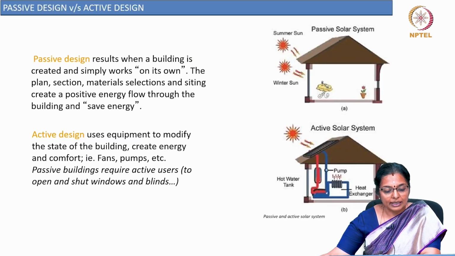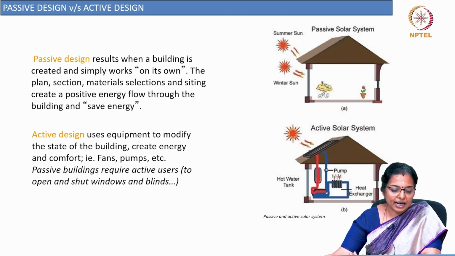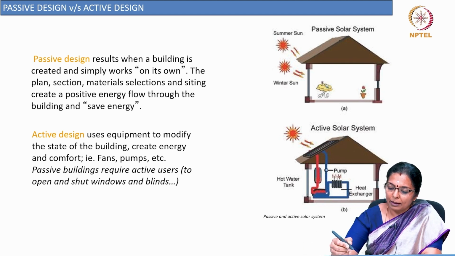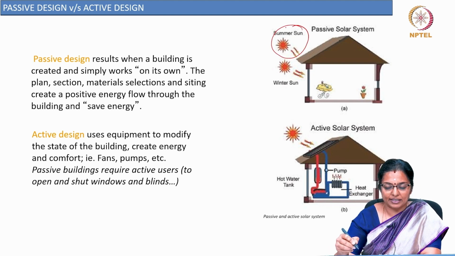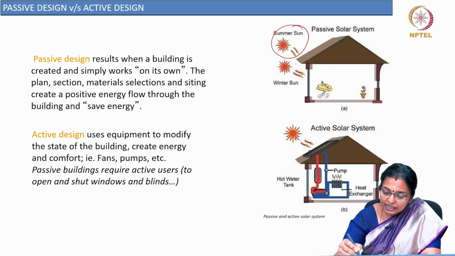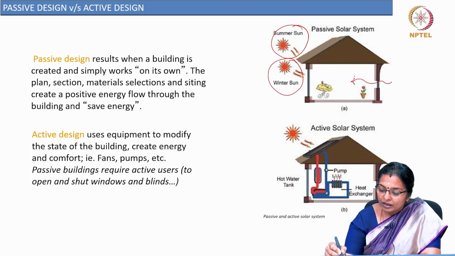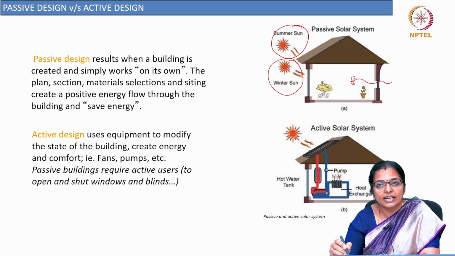First, what we will take is the difference between passive design and active design. Passive design happens when you use only the natural effects of the elements around us. So, we use the sun, we use the wind to alter the microclimate inside.